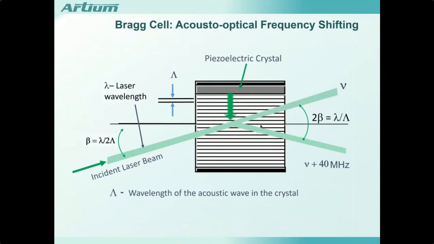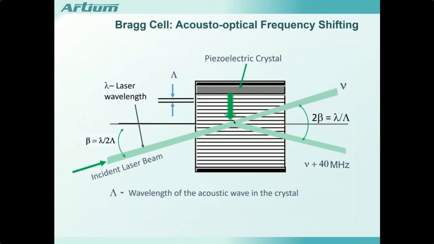Just a quick description of the device. We typically use Bragg cells. They're acousto-optical frequency shifters. The device consists of a piezoelectric crystal that drives a compression wave into an appropriate glass crystal. Lead molybdate is one possible crystal that is used. And so we have this compression wave running through the crystal, and the beam is introduced at the Bragg angle into the crystal.